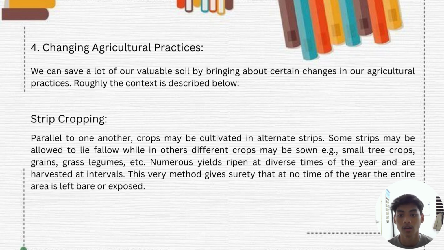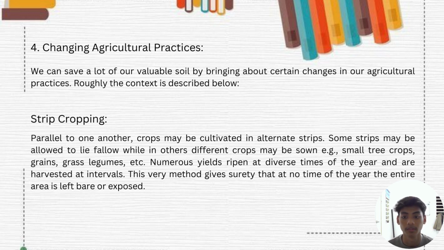For changing agricultural practice, we can save a lot of our valuable soil by bringing about certain changes in our agricultural practice. Roughly, the context is described below. Strip cropping. Parallel to one another, crops may be cultivated in alternate strips.